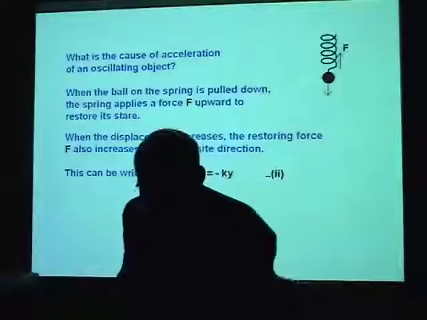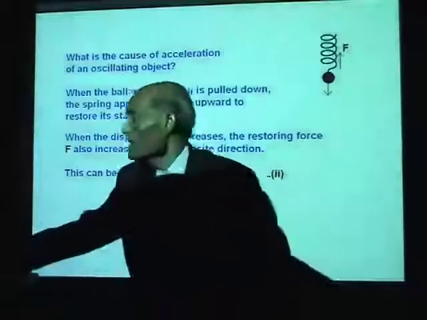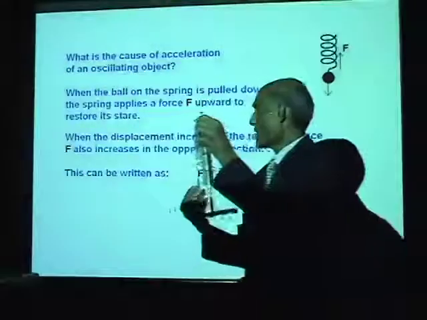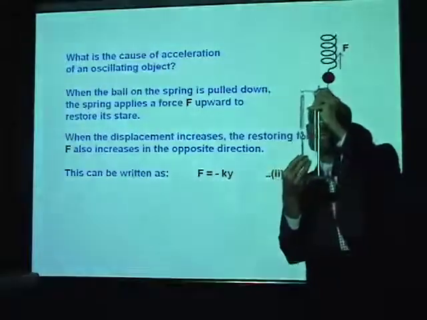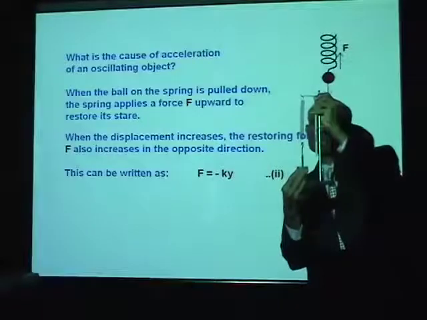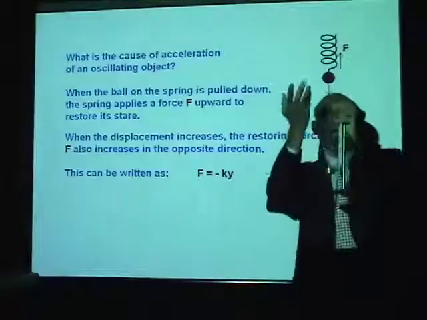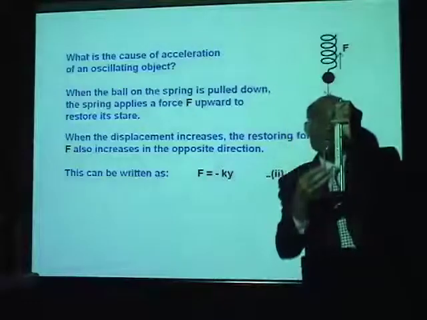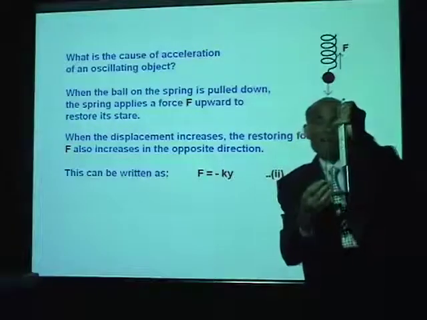Is that right? Well, that means I pull the object more, the spring will pull me back with more force. So the direction of the force is upward when I pull it down.